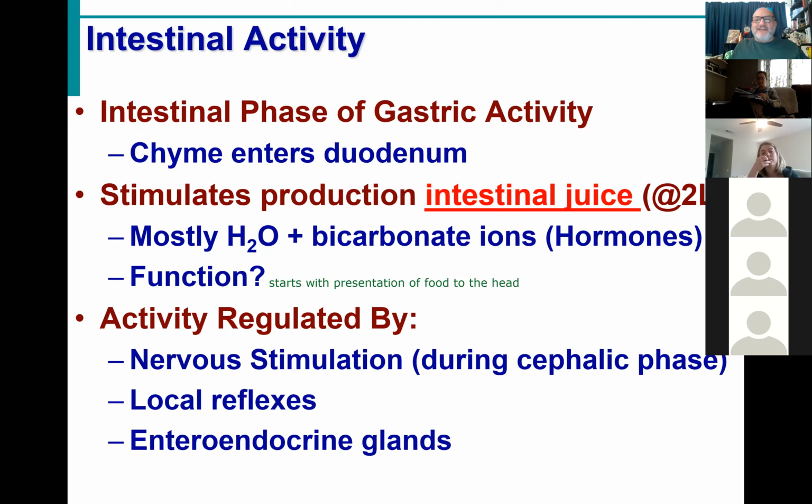So we are going to get long reflexes that are going to influence this, starting from when we start thinking about or smelling or seeing or tasting food. Local reflexes, so again, notice this is both our intrinsic and extrinsic controls. And again, we're going to have those hormones that are being produced as well.